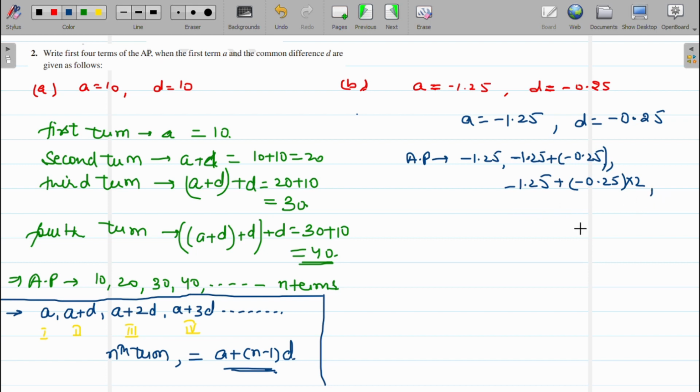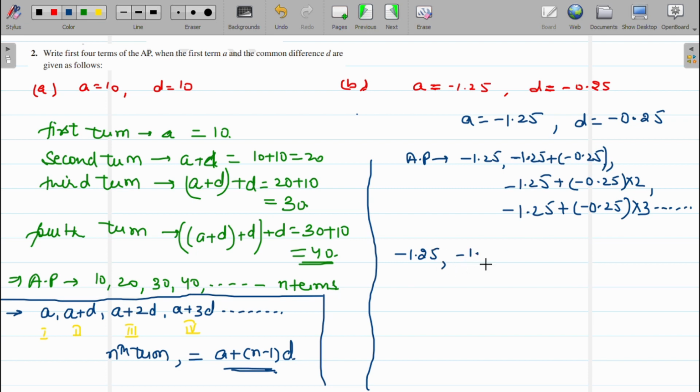And the fourth term will be minus 1.25 plus minus 0.25 multiplied by 3 and so on. So my terms are minus 1.25, then this will give me minus 1.5, the next one will give me minus 1.75, and the next one will give me minus 2.0 and so on. You can go on with this further, right?